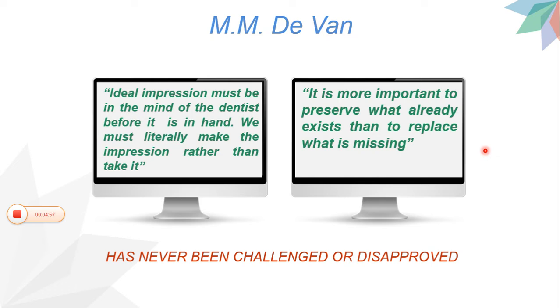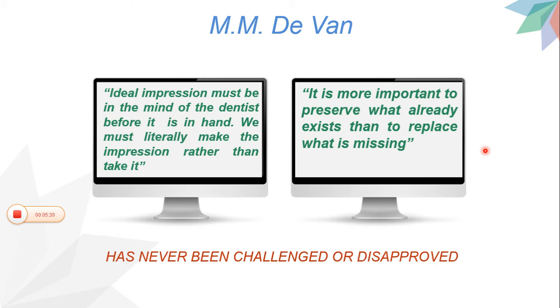The next slides will be discussing the micro and macro structures of the supporting or basal tissues. And regarding that, another statement given by Professor M.M. Dewan is, it is more important to preserve what already exists than to replace what is missing. It carries a lot of meaning.